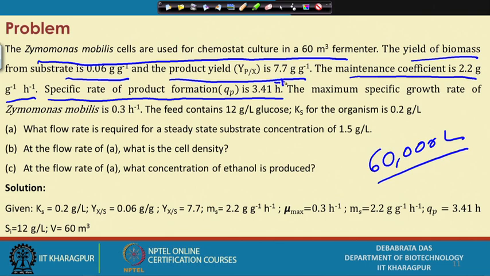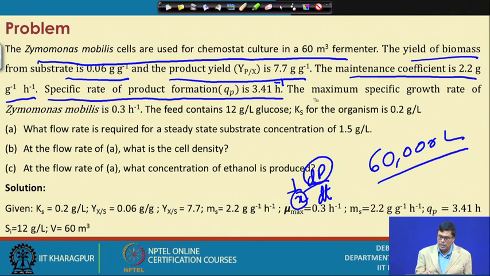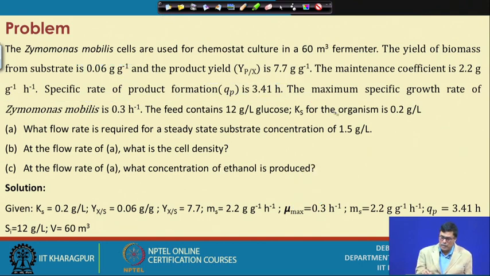The specific rate of product formation unit should be time inverse, because the specific rate of product formation is (1/X) dP/dt. Am I right? So this is gram per liter, this is also gram per liter, so this will be time inverse. The maximum specific growth rate of Zymomonas mobilis is 0.3 per hour.